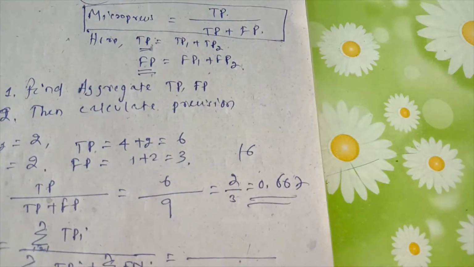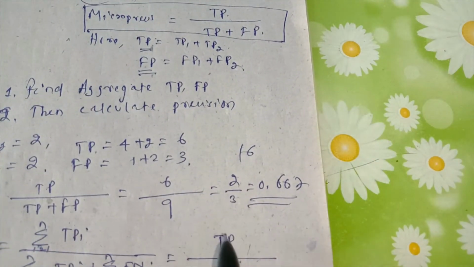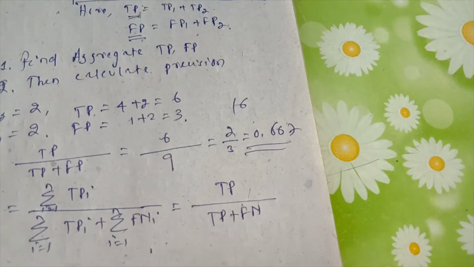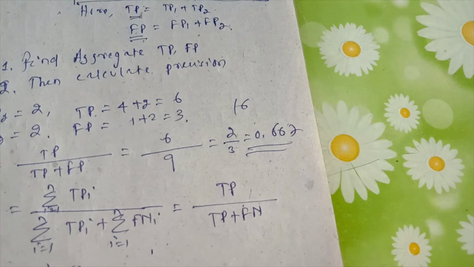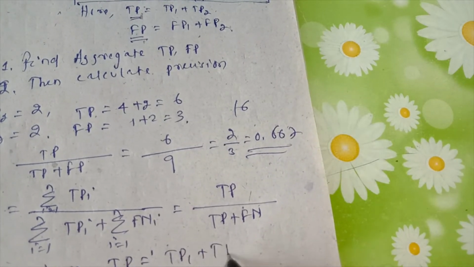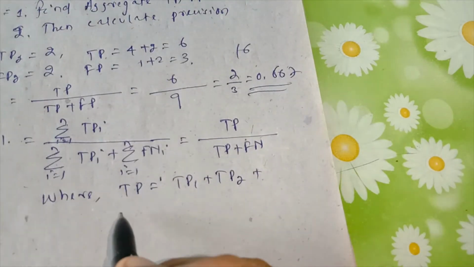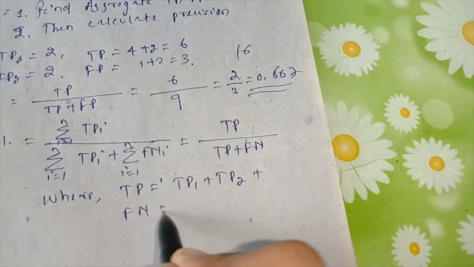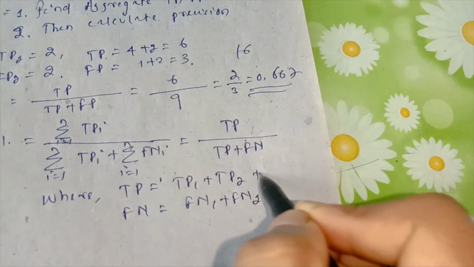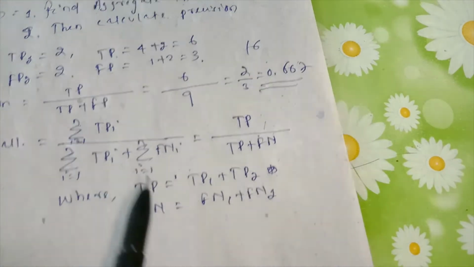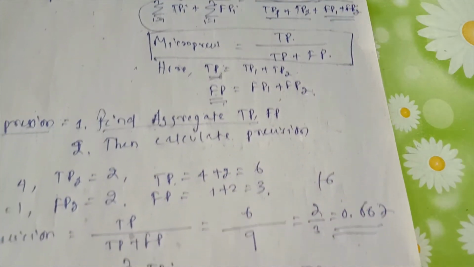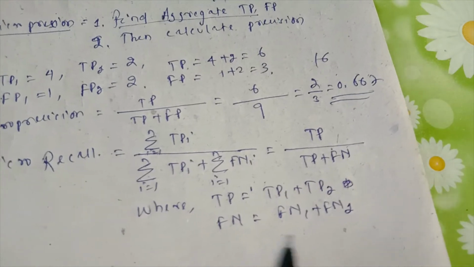Finally you will get TP by TP plus FN, where TP equal to TP1 plus TP2, and FN equal to FN1 plus FN2. You have to calculate the aggregate TP and aggregate FN, and finally calculate.